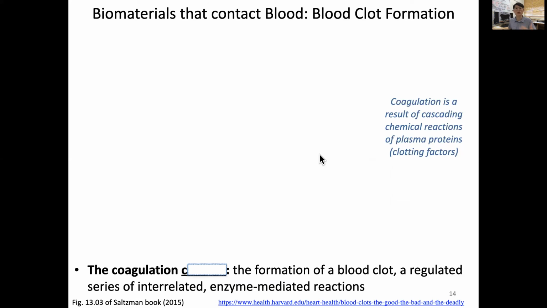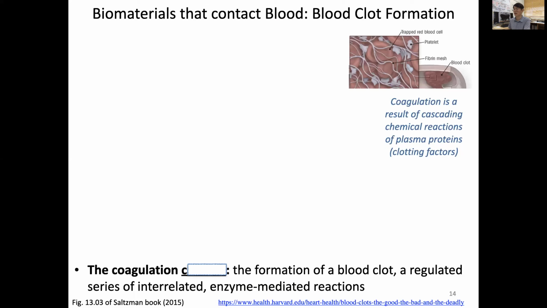There are multiple Nobel Prizes that came out of this blood clot cascade. This picture shows that inside the blood clot, there are fibrin meshes, insoluble meshes that capture or trap red blood cells, and the platelets that made this are activated so that they form a blood clot.